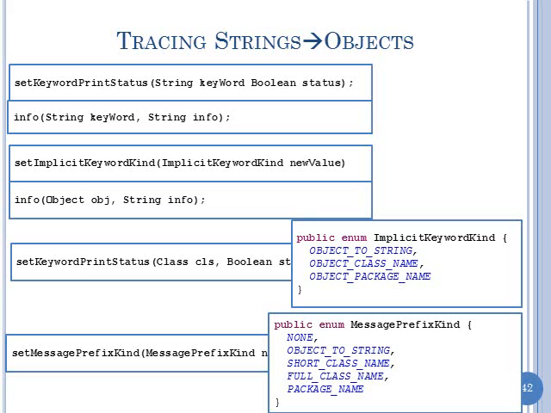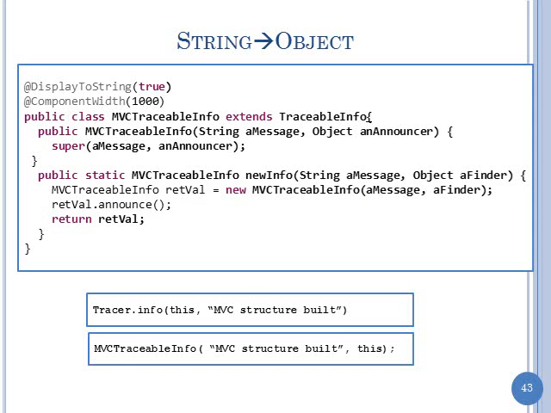Let's just see the details. We will no longer trace strings. We will trace objects, and you can do this even for your current assignment, because what I'm telling you is a superset of what I told you earlier. We are going to have these classes that happen to be various kinds of traceables.